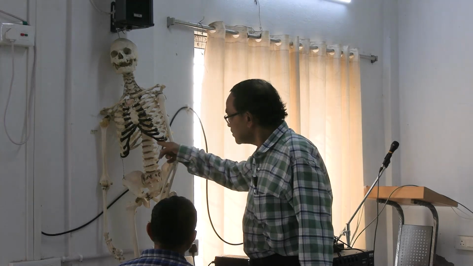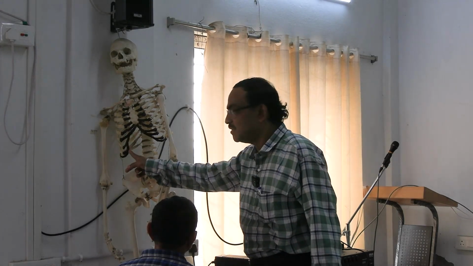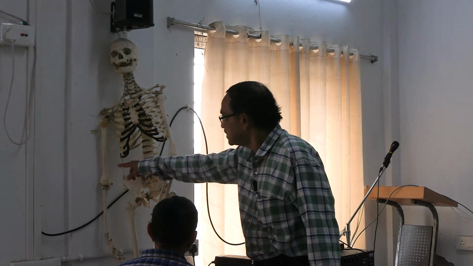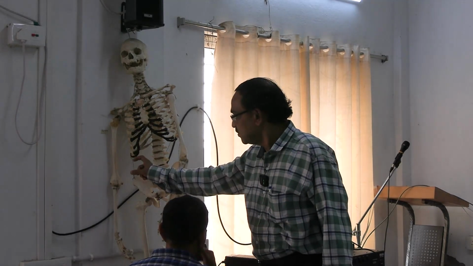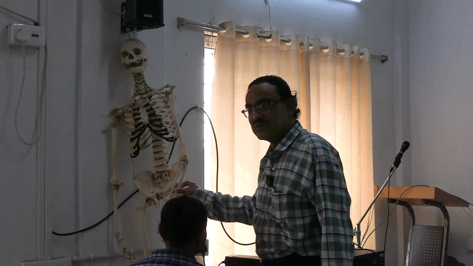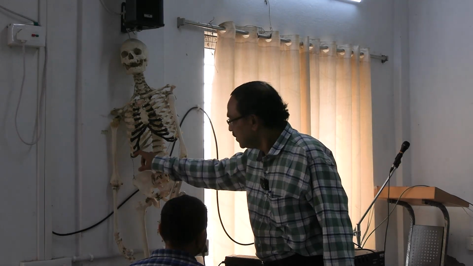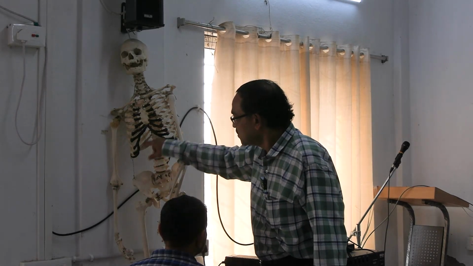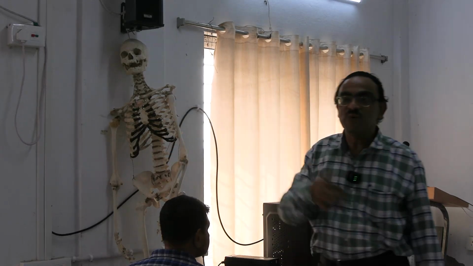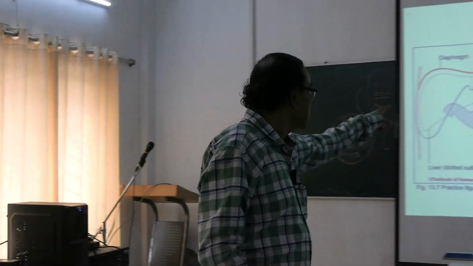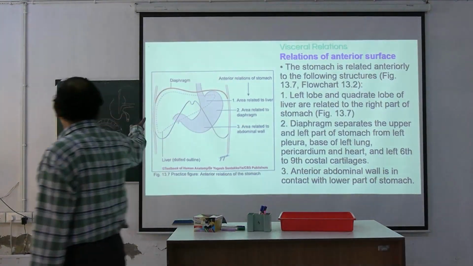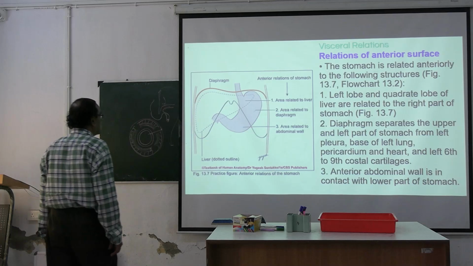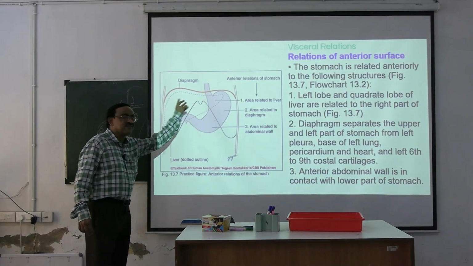Here we are getting the liver, left costal margin, inferior border of the liver, and there is the transverse colon: ascending colon, transverse colon, descending colon. We know that is the transverse colon. So ultimately we are getting a triangular area which is just in contact with the abdominal wall. So that is called the gastric triangle.